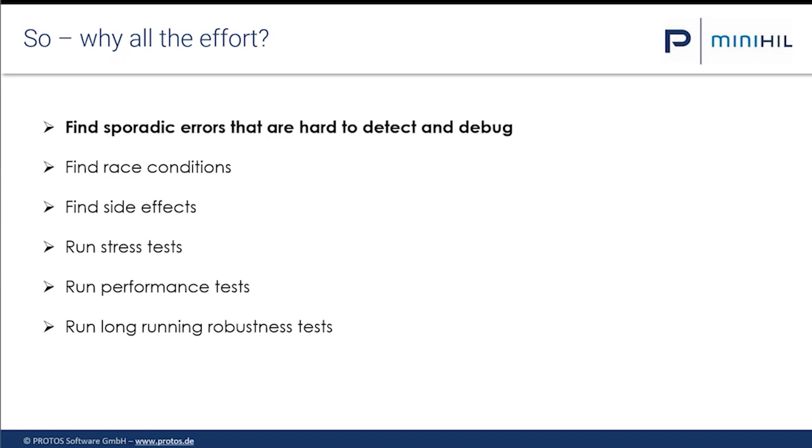You can also run performance tests to see how your performance behaves in those different situations, because only running the same test over and over again might not give you a good picture of your real performance. And you can run long-running robustness tests. That's the goal here. It's also very useful, of course, for safety or security relevant systems.